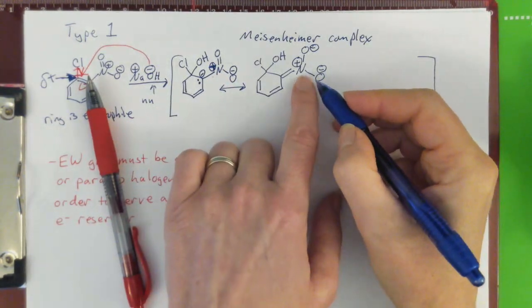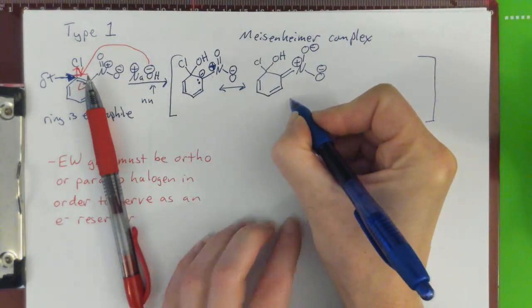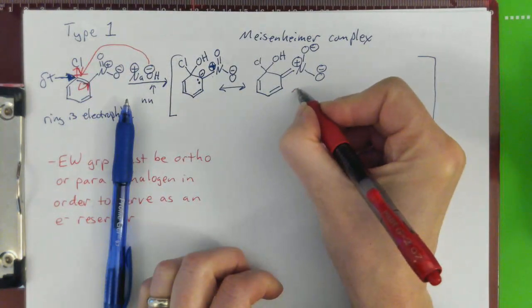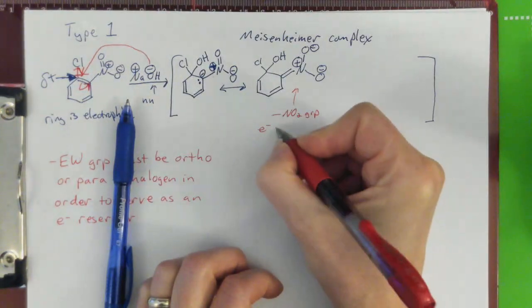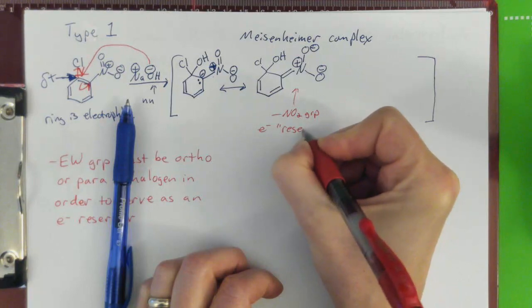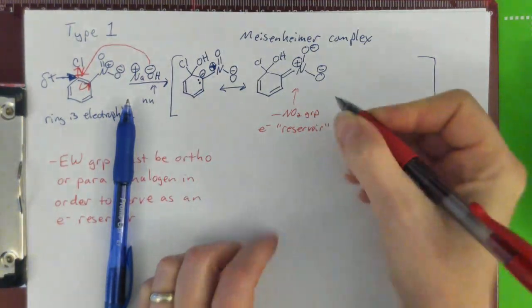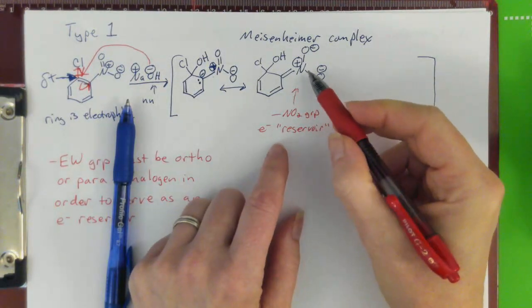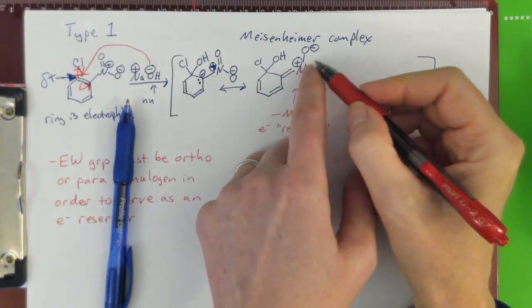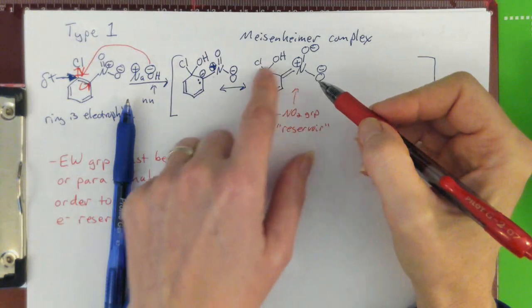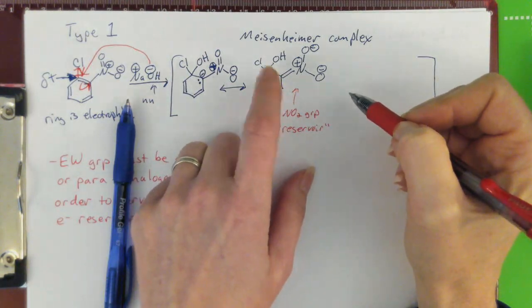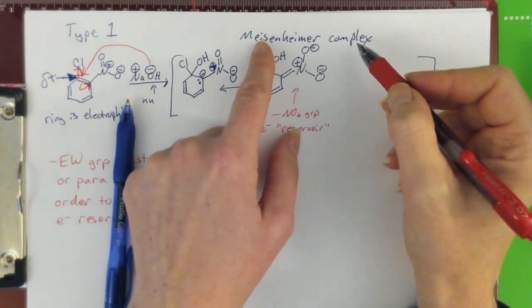So here we're seeing how the nitro group, let me do this in red, is serving as what your textbook calls an electron reservoir, or what I would call an electron dumping ground. Okay, we can quickly pull those electrons out from the ring and then leave the ring with no net charge. And this helps to stabilize this complex.